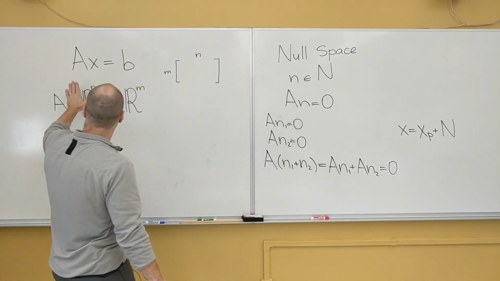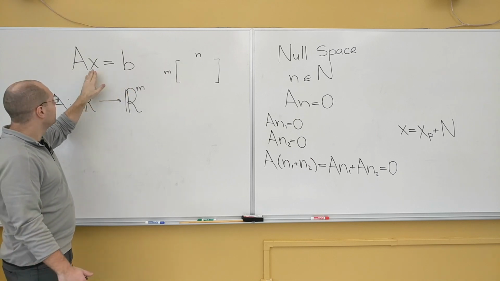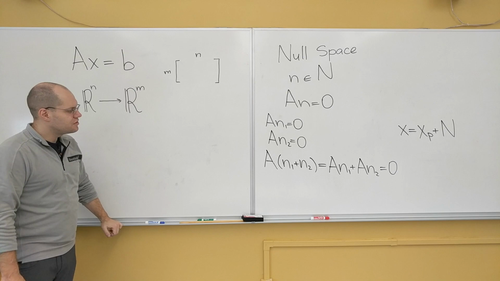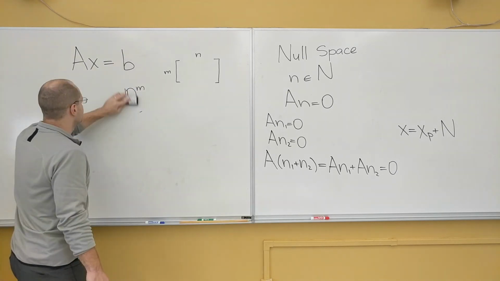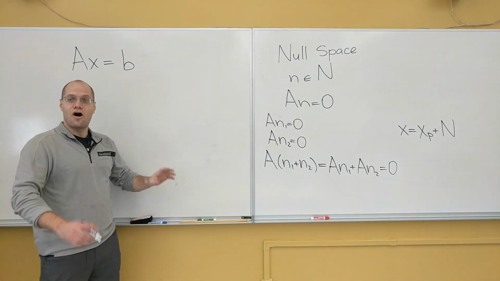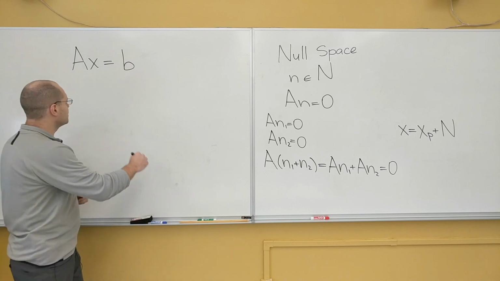I will now prove that the solution to this problem, in other words, the problem is, given a vector B, find all vectors that go to it. Theorem. That's the problem. Here's the theorem. All of these vectors can be captured by the following expression.